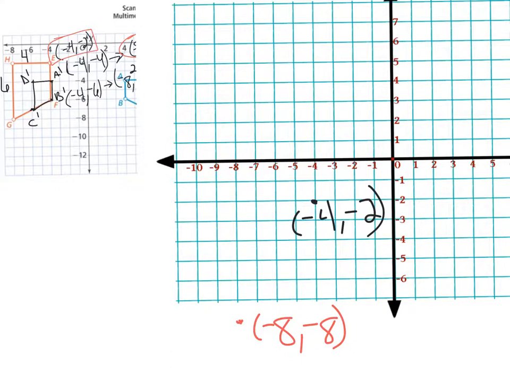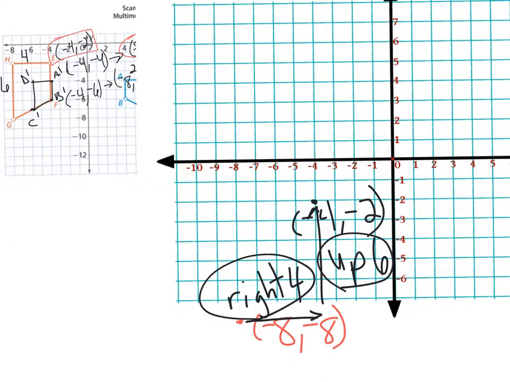The question is how many? Well, going from here to here, we'd have to go to the right 4 units. That would get us our x value to -4. And then we're going from -8 to -2. That would mean we'd be going up 6 units. Okay, so much easier this way, doing that dilation first and then doing our translation.